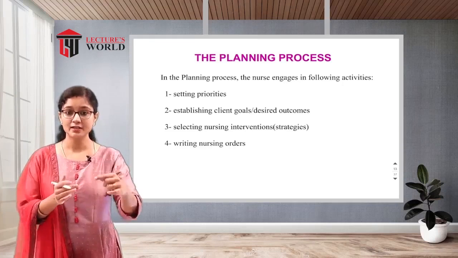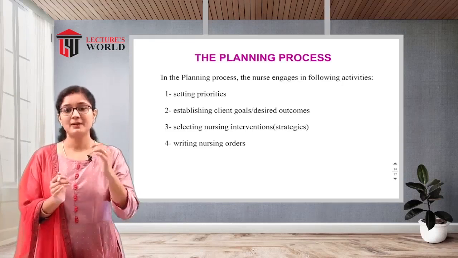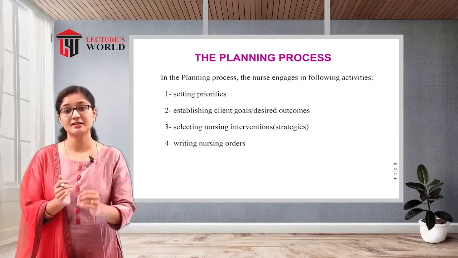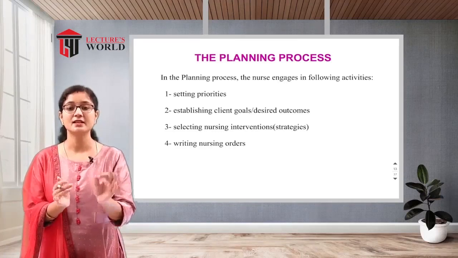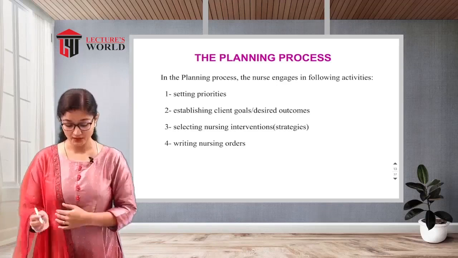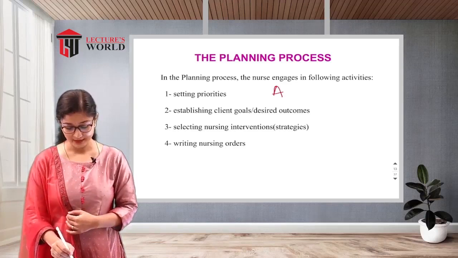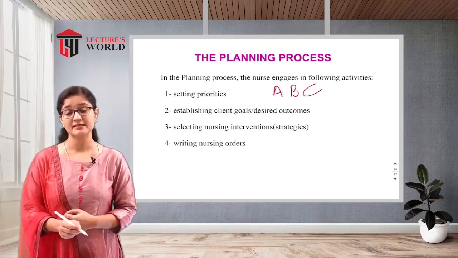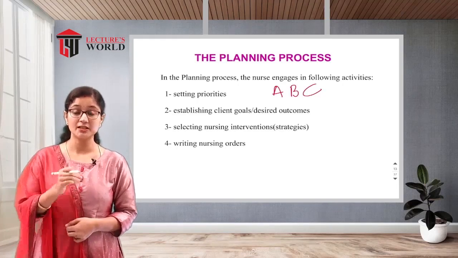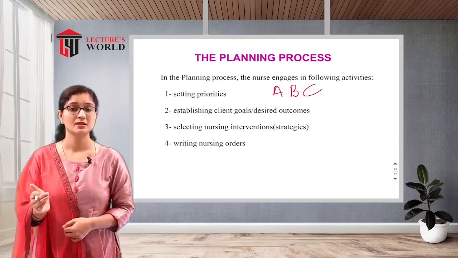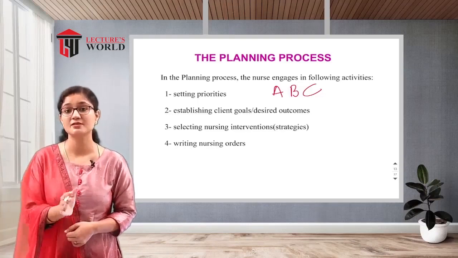Whenever you plan your care, plan it in such a way that the first problem is treated first. That is, always we take it as A, B and C. We will see this in detail, but remember A, B and C. A stands for airway, B stands for breathing, C stands for circulation. ये पहला problem होता है हर बार. It has to be the first problem which is treated.